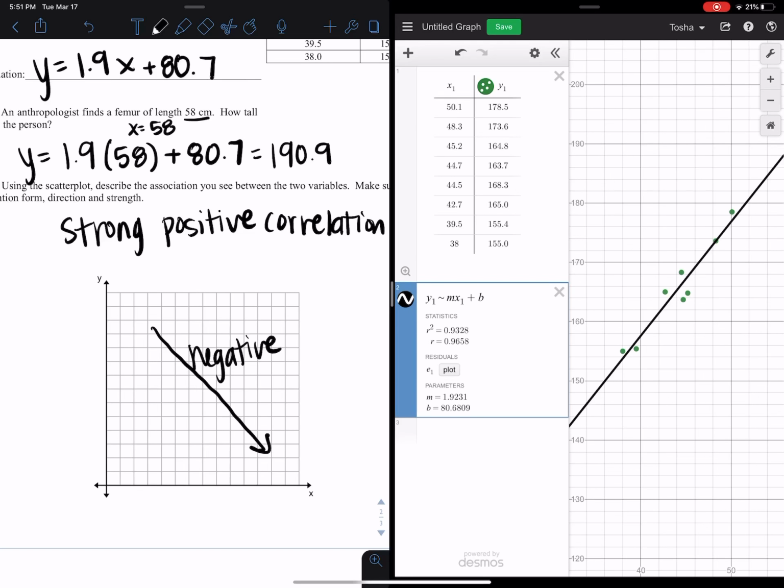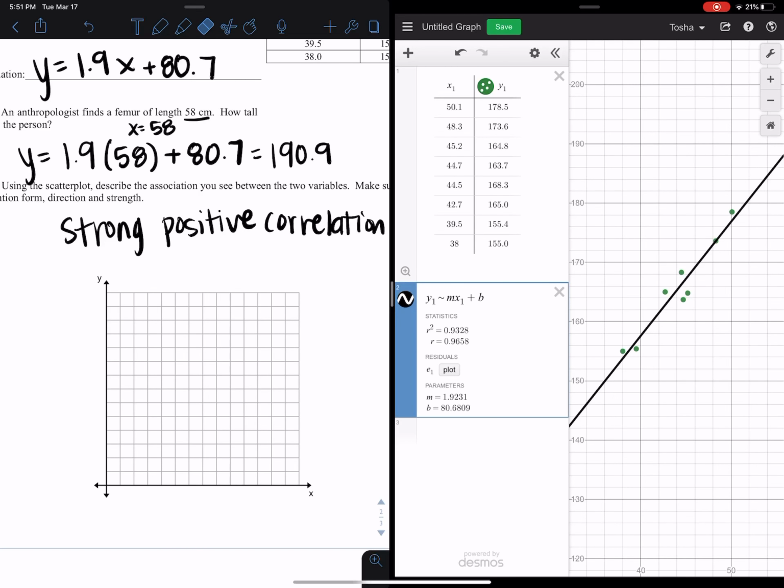So we know that the one in our example with the femurs and the height, this is a positive correlation. And it's a strong correlation because the points are pretty close to the line. So it's something like this. The points are really close, so it's a strong correlation.